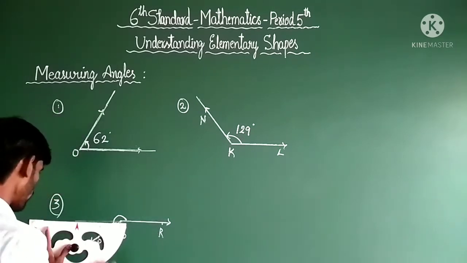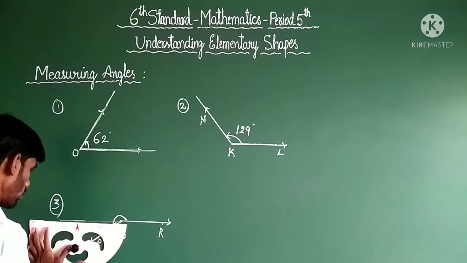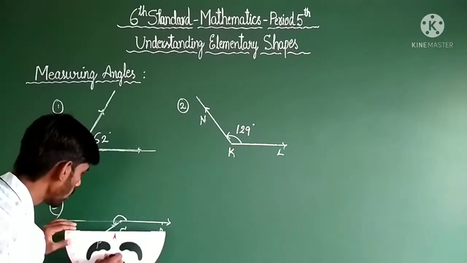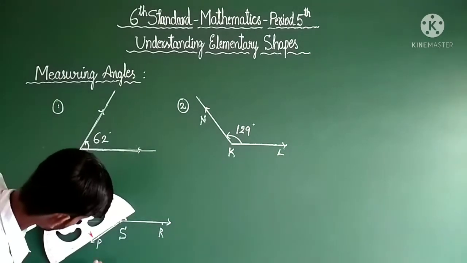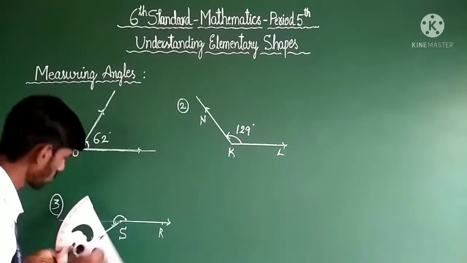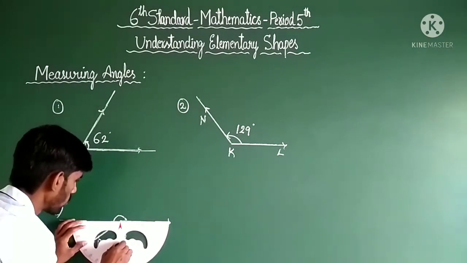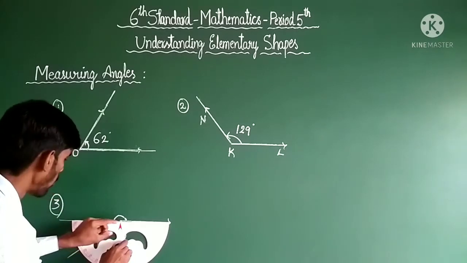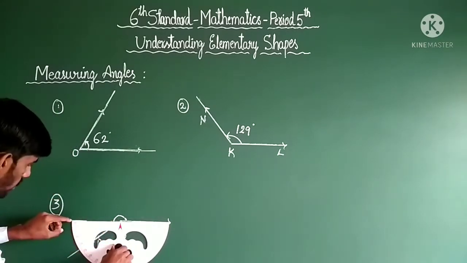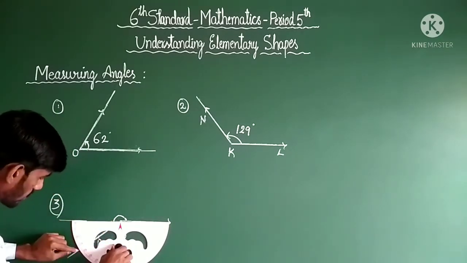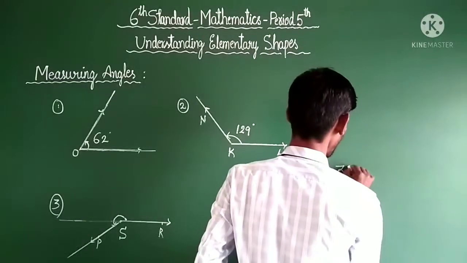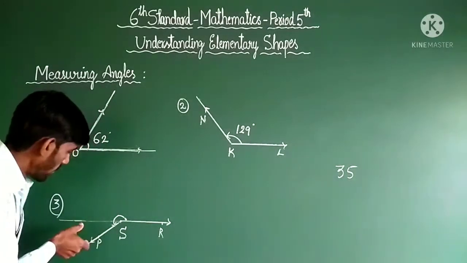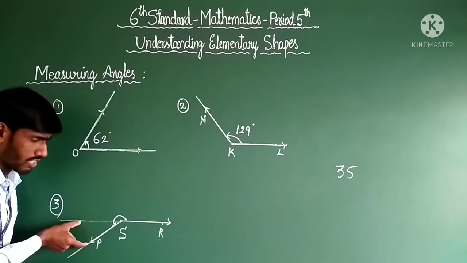Here is a line. You may draw a small line and also this line. Here is the middle point. Dear children, you read from here to here. So here to here is 35 degree. This is 35 degree.